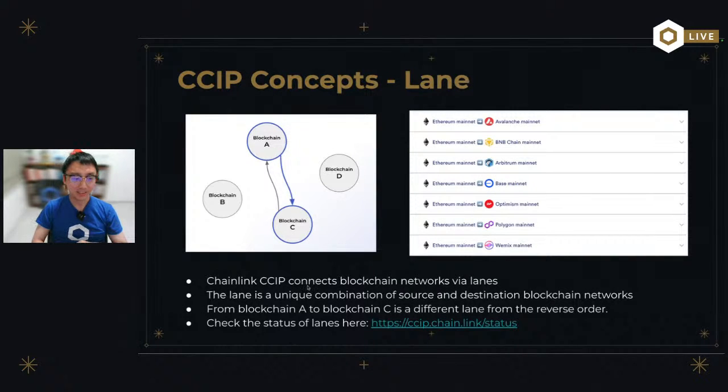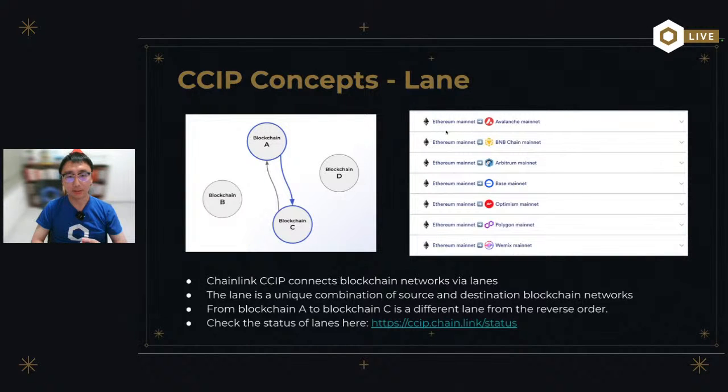A lane is a concept indicating that you can transfer tokens or messages from blockchain A to blockchain C. One thing to note is that a lane is a unique combination of the source chain and the destination chain, which means the lane from blockchain A to blockchain C is different from the lane from C to A. From A to C is lane A, and from C to A is lane B. That is a different one. We have this document at ccip.chain.link/status. You can check the status of all the lanes.